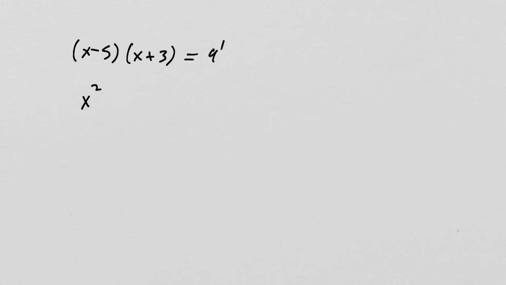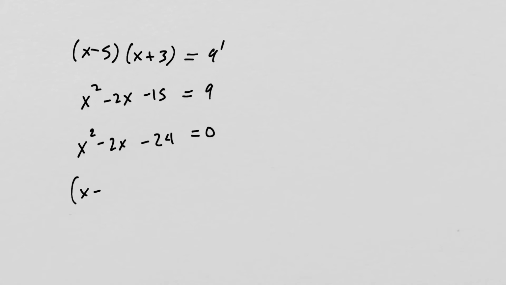This becomes x squared minus 2x minus 15 is equal to 9. Subtract 9 on both sides. We're left with the following polynomial equation: x squared minus 2x minus 24 is equal to 0. Factoring our polynomial, we get x minus 6 times x plus 4, which is equal to 0. The solution to our logarithmic equation is then going to be either 6 or negative 4.